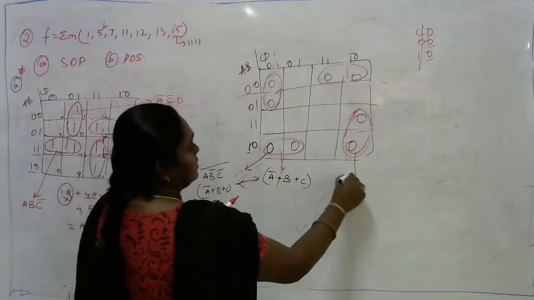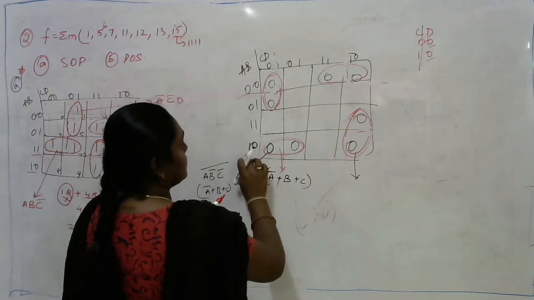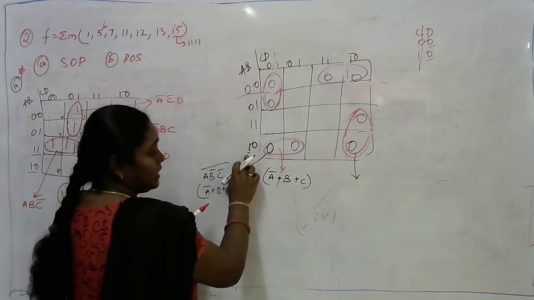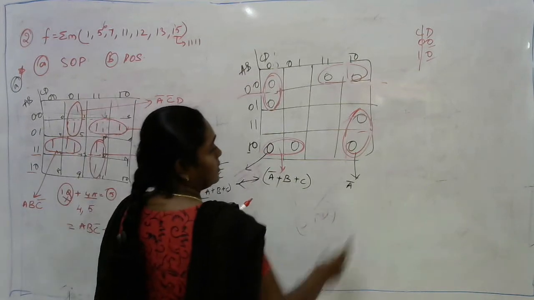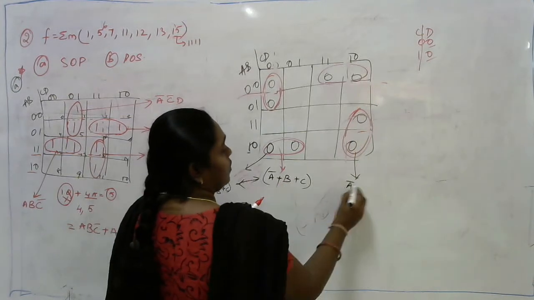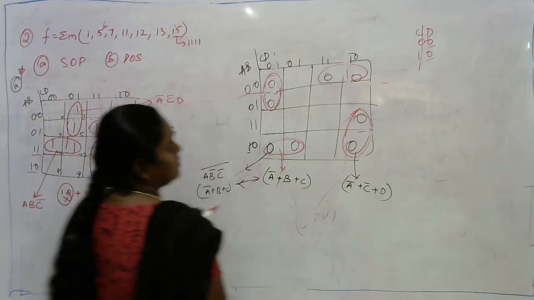Similarly, this adjacency is in two different rows. The corresponding variable is A, but under the A variable I am having 1. As it is in the POS, I am writing it as A bar. As it is present in a single column, that is 1 0, 1 represents again C bar, D is 0.